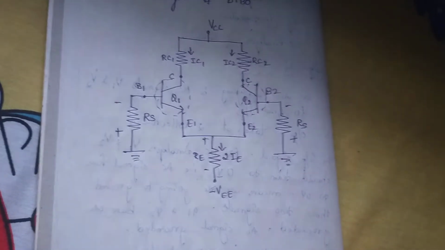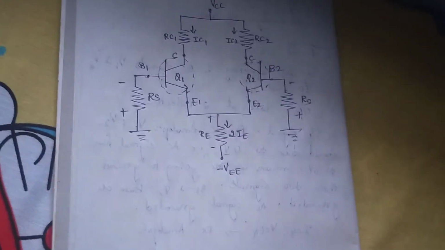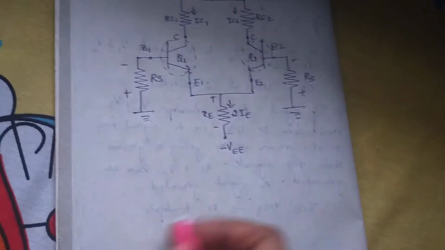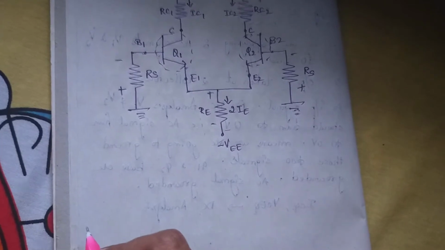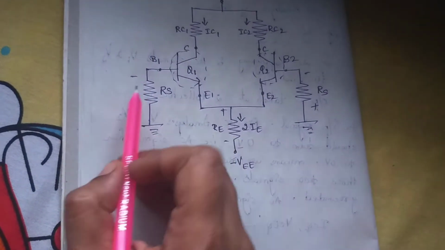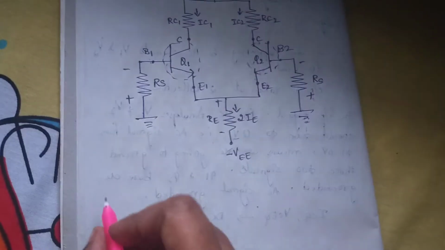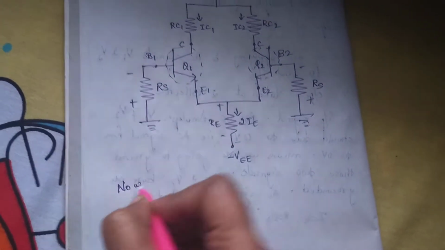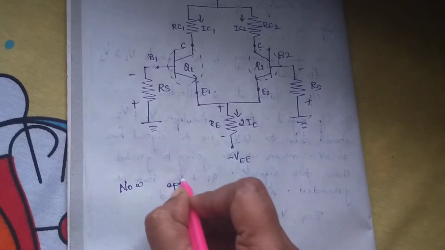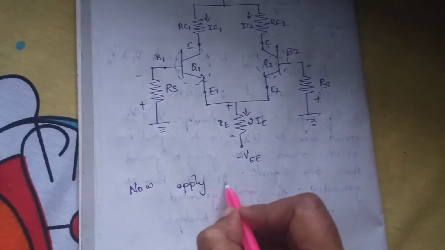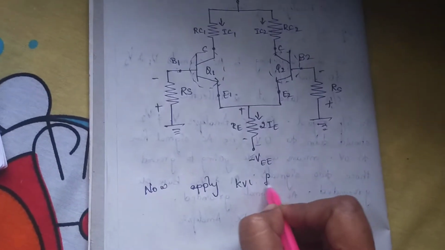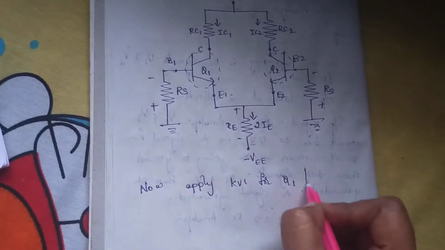Now we have to do the DC analysis. For DC analysis, I want to apply the KVL for the base to emitter loop of the Q1 transistor.